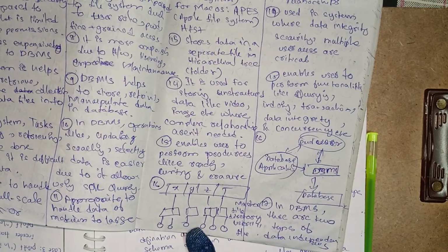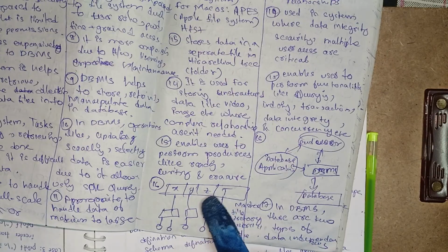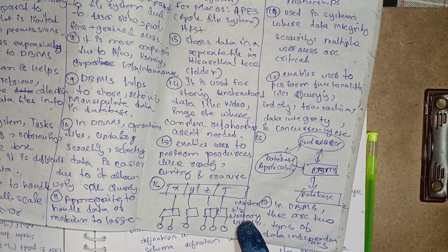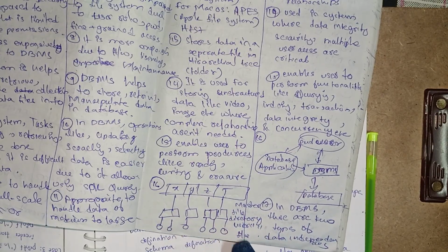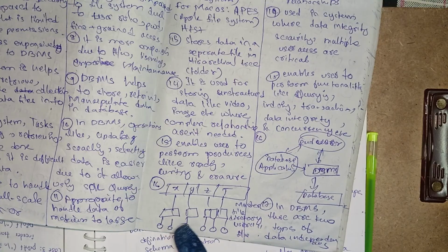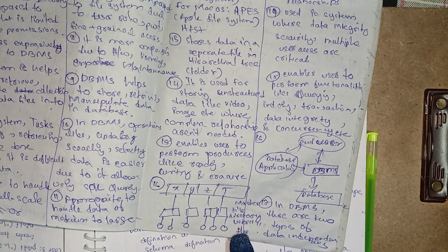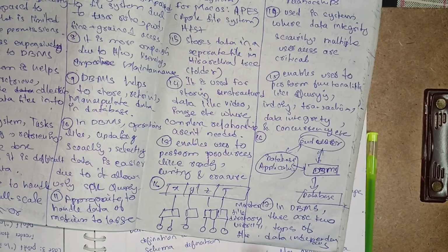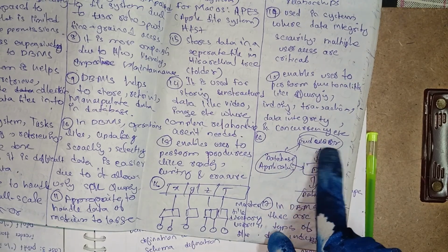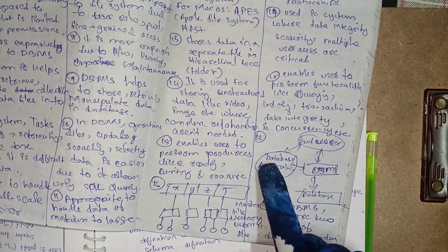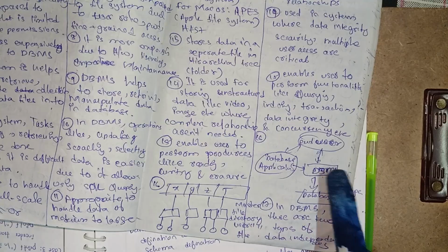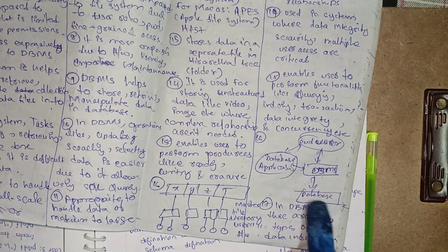Then the structure. X, Y, Z, T are master file directories, and these are user file directories, and these small circles are files. And in the DBMS, there are the end user, DBMS, and database application. We already know DBMS and database.